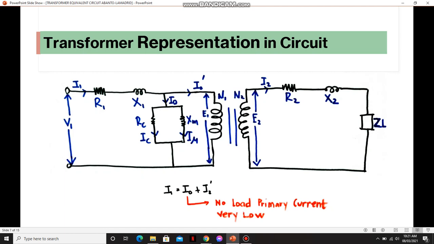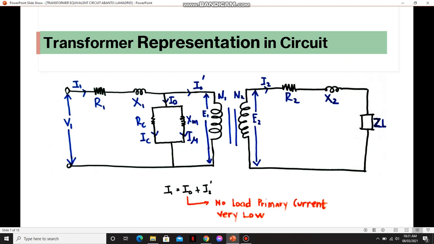Load ZL. Okay, in order for us to analyze, we can transform it into either side of the transformer, either primary or secondary. It is called equivalent circuit referred to primary side or equivalent circuit referred to secondary side. We have here Kirchhoff's KCL: I1 is equal to I naught plus I dash 2.